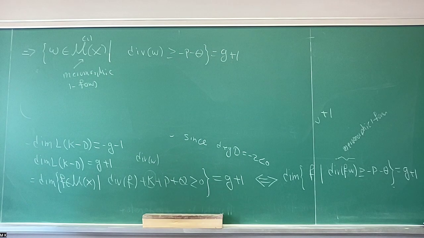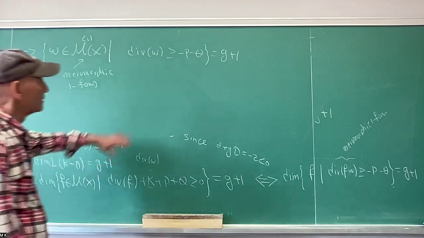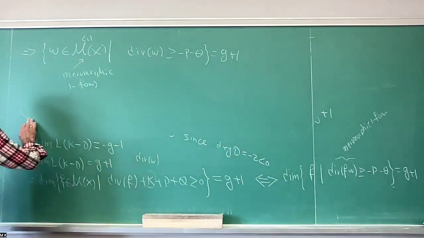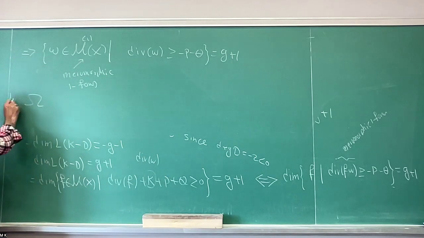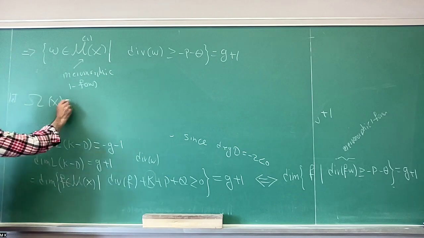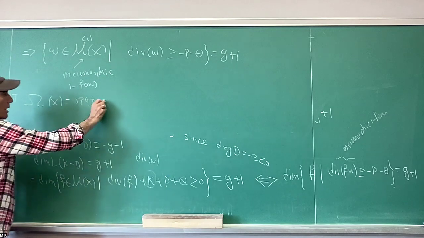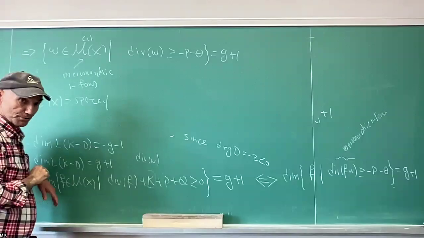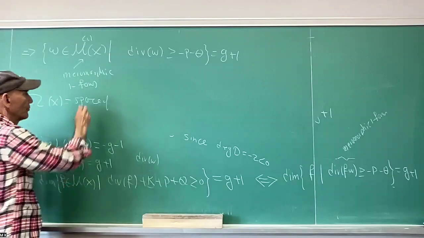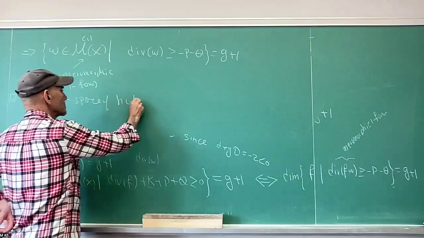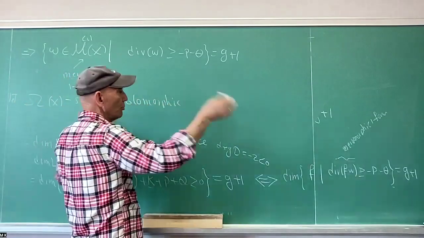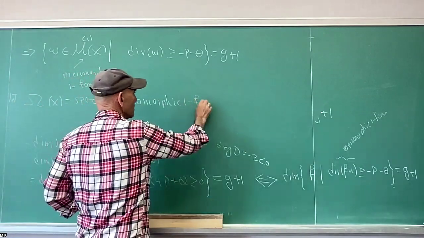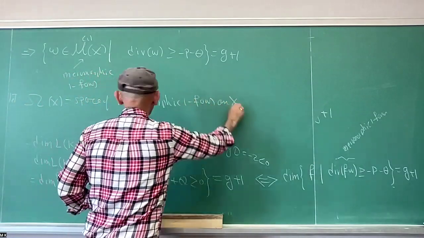Now, there is a G-dimensional subspace in this space. So let omega of x be the space of holomorphic one forms, not just meromorphic, globally defined holomorphic one forms, right, on x.